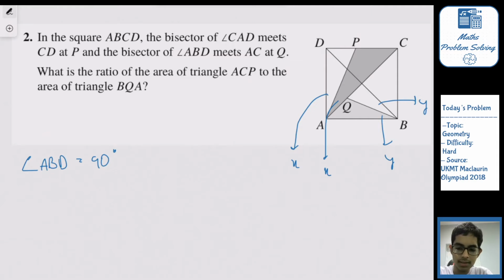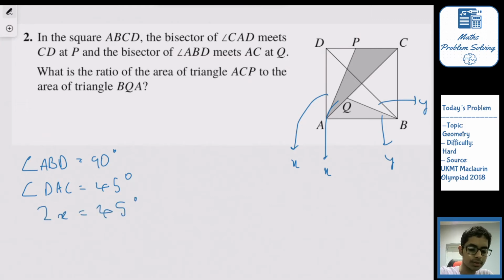So angle DAC, AC bisects angle DAB, therefore angle DAC has to equal 45 degrees. So if we just label that on, and 2x equals 45 degrees, therefore x must equal 22.5.